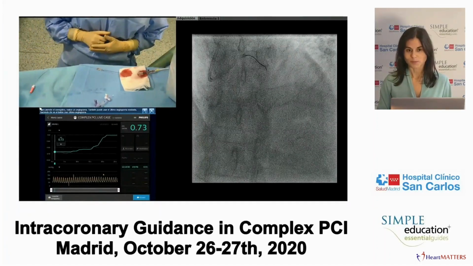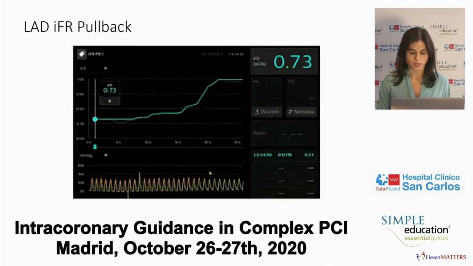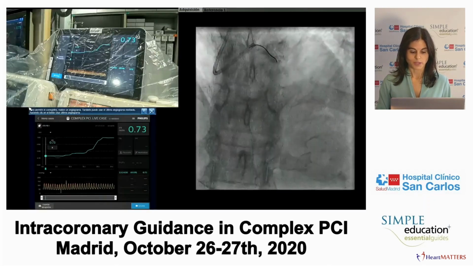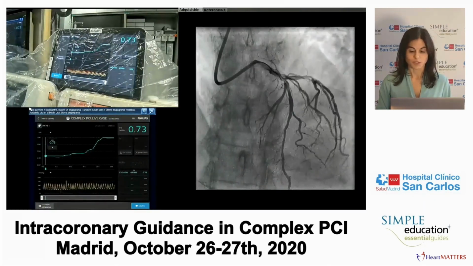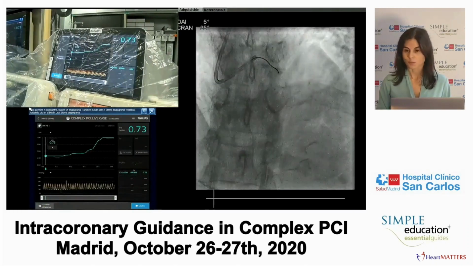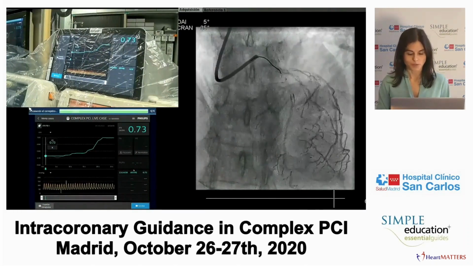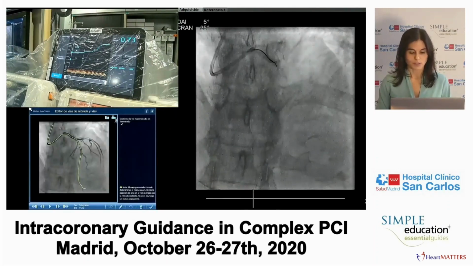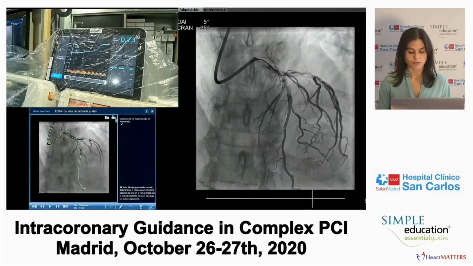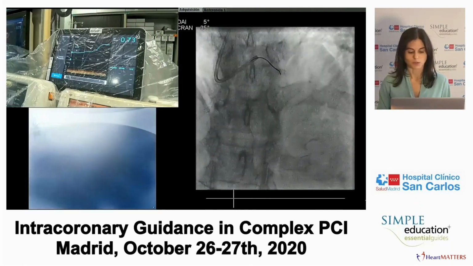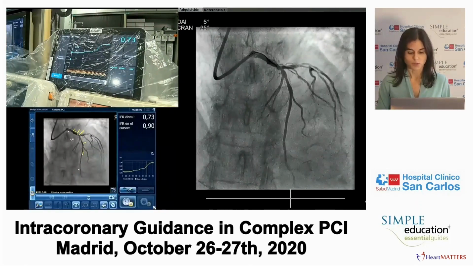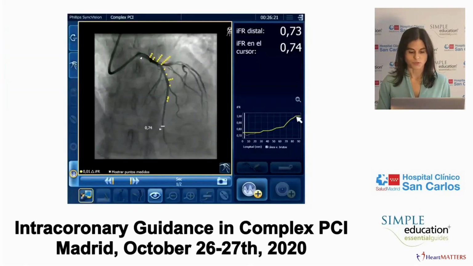We are performing an angiogram, and after that you can see here the roadmap of the vessel drawn, and now after that we're going to have the co-registration of the angiographic images with the iFR pullback. And as you can observe, most of the pressure loss indicated by these yellow dots is located in the very proximal LAD, actually proximal to these septal and diagonal branches that you can see.